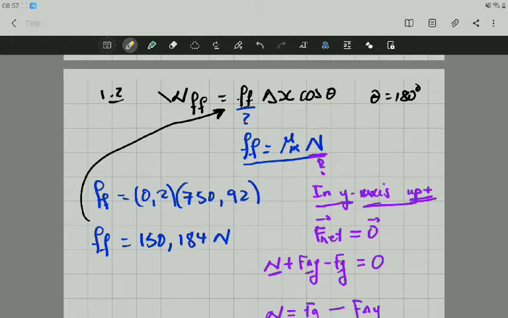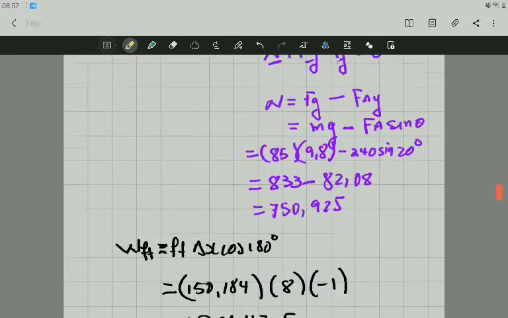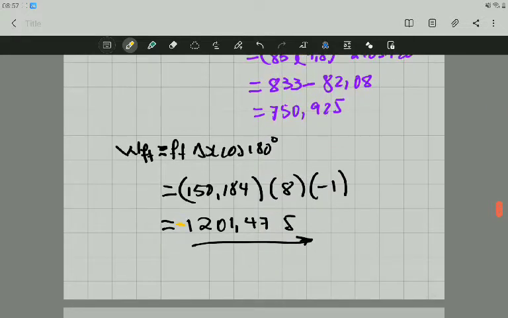We didn't have frictional force, and then we did calculate it. And then the final answer for the work done by the frictional force was a negative 1,201,47. Now, before we continue, remember the meaning of the minus. It is not direction. It means that energy is being taken away from the system by the frictional force.